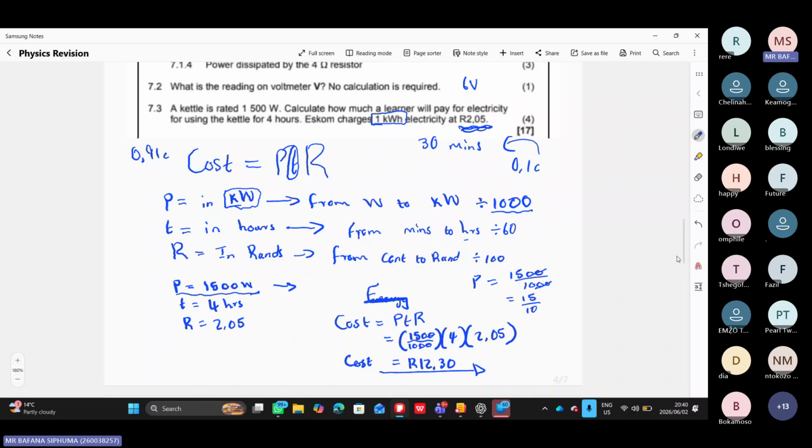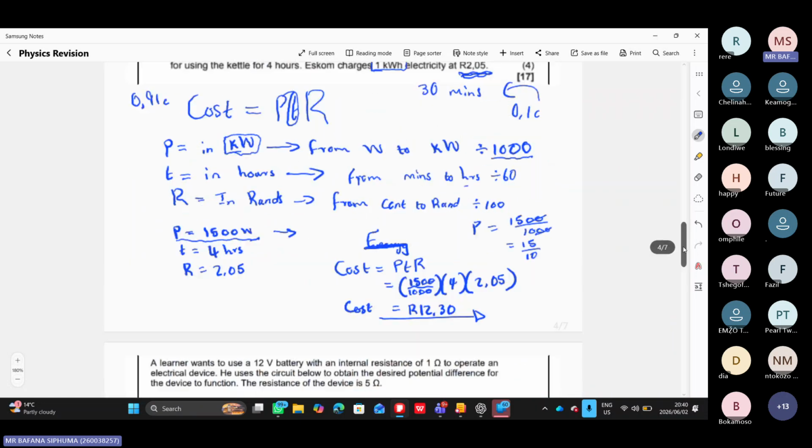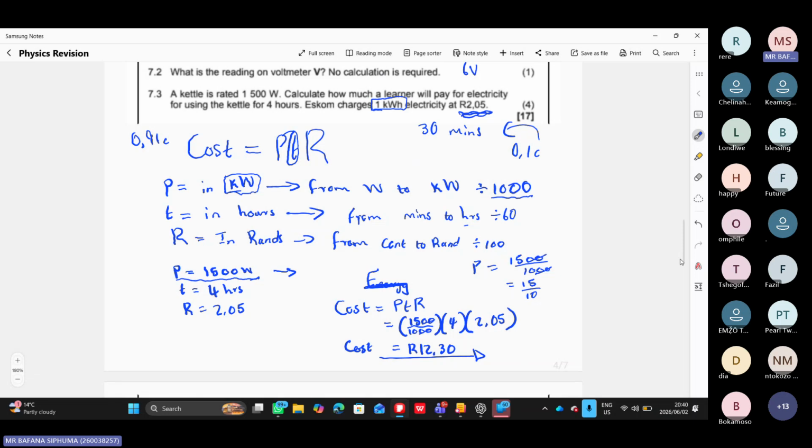Oh yeah. Another good question. The question that you asked is good. At some point, they will matter. Now I'm realizing it. So imagine if Eskom was charging 2 kilowatts per hour.